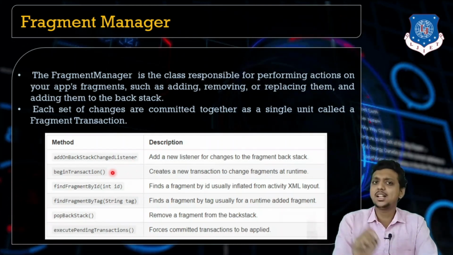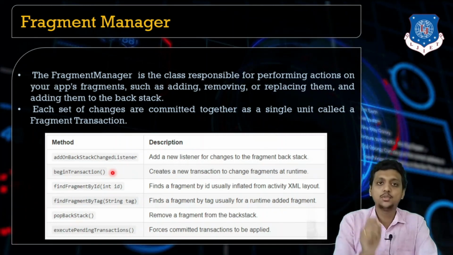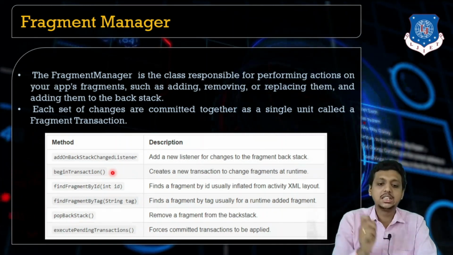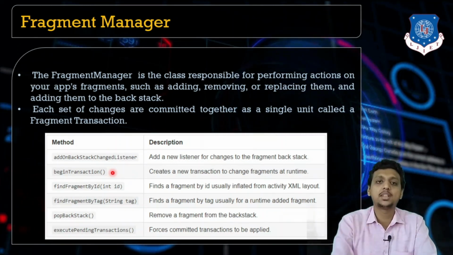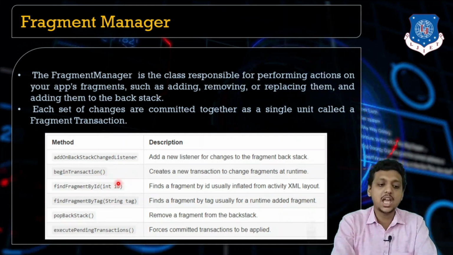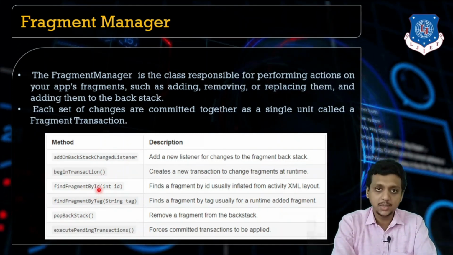Next one is beginTransaction. If you want to make a transaction object, or if you want to start the transaction, then the beginTransaction method should be called. Next we have findFragmentById.